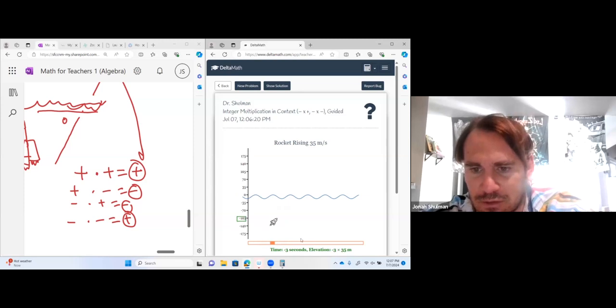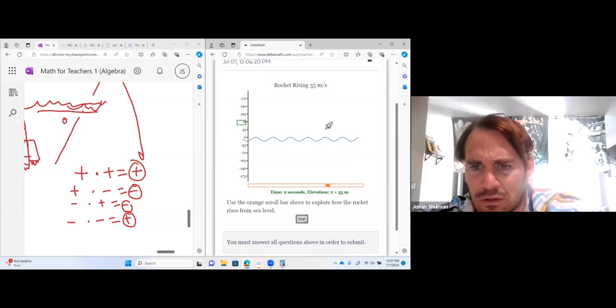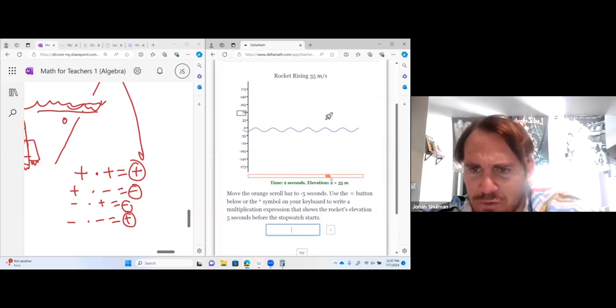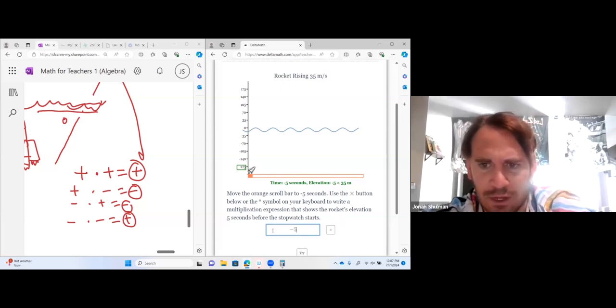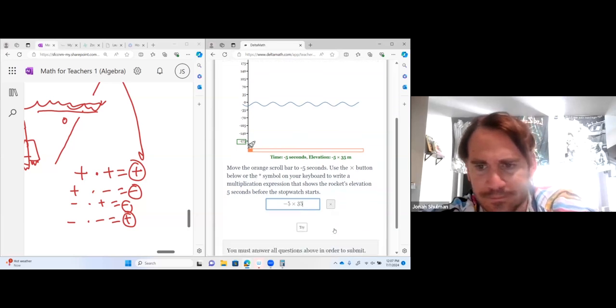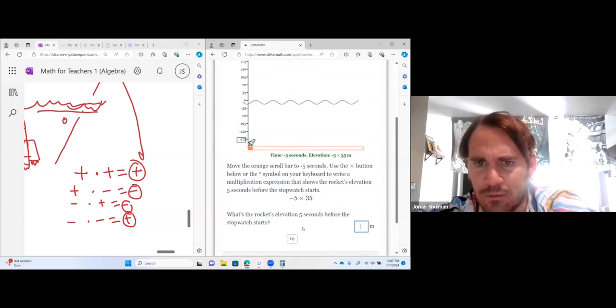So we have the negative and, oh, that's why we can do negative times positive. I like it. Cool. All right, so move it to -5. So 5 seconds before. So -5 times 35, which is way underground.